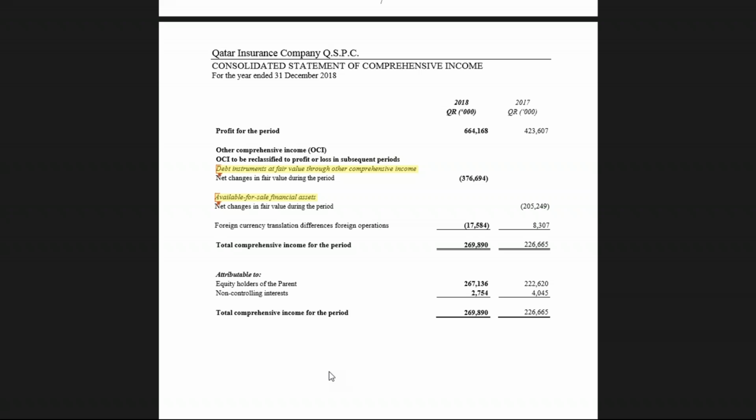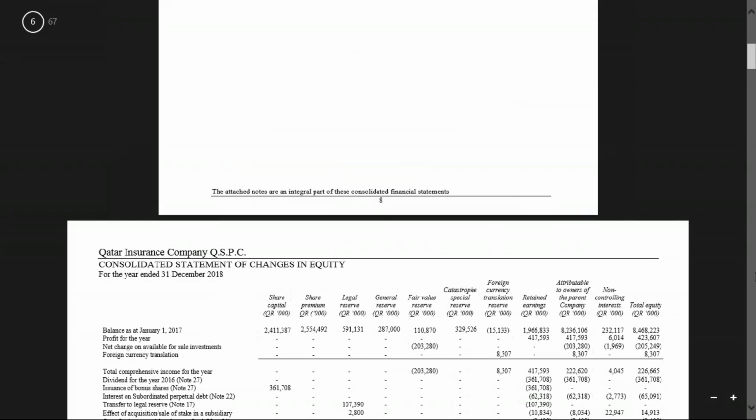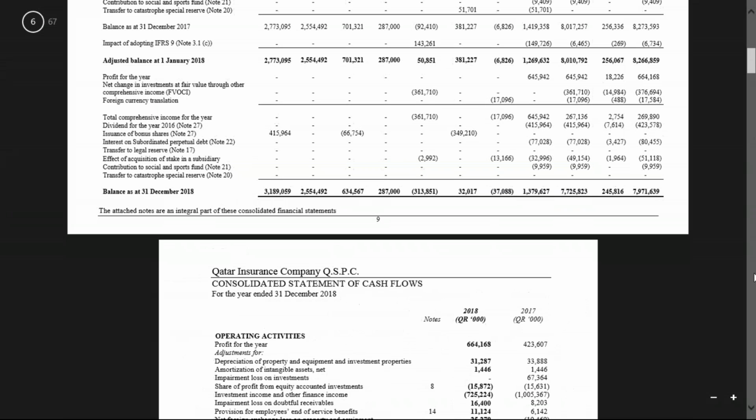Right. So obviously again you have foreign currency translations and net change in values and so on. So this is the total comprehensive income for the period. Right. So the statement of changes in equity, this is not something that we require.